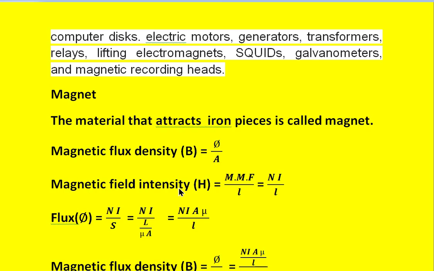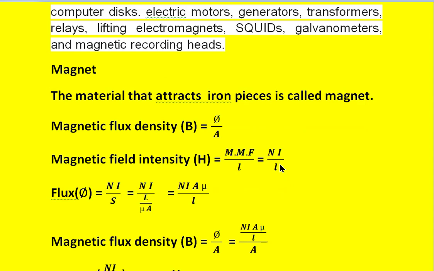Another parameter is magnetic field intensity, represented by H and equal to mmf divided by L, where L represents the magnetic path length. mmf is nothing but the number of turns times the current carried by the coil. So H can be written as Ni by L, in ampere turns per meter.